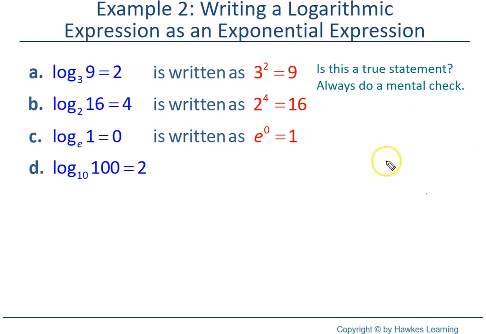So in this one, our base is 10, our exponent is 2, our answer is 100. So sort of easy once you practice it, get the flow of how it's going here.